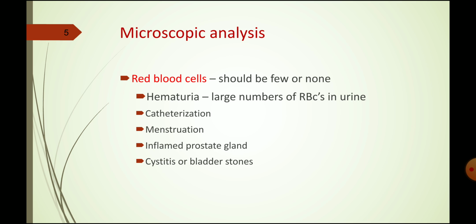An inflamed prostate gland, any infection of the prostatic gland, will produce bleeding and cause hematuria. Similarly, cystitis, bladder infection, or stones anywhere in the kidney, urinary bladder, ureter, or urethra, or injury will produce it. Similarly, some malignancies in these urinary passages also produce hematuria.